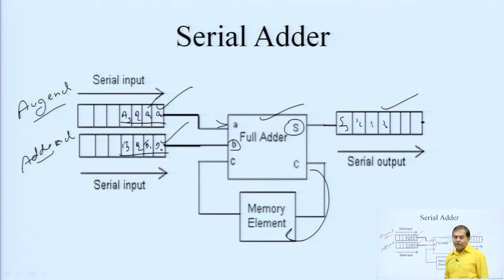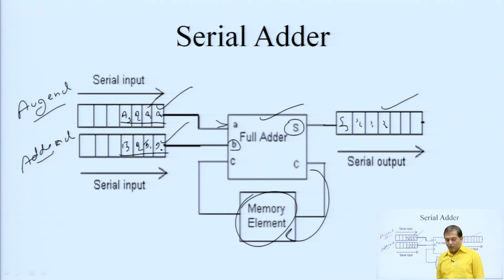So first A0 and B0 enter the full adder circuit and generate S0, and C0 comes out and is stored in the memory element. It will be used in the next case, when A1 and B1 enter the full adder circuit and generate S1.